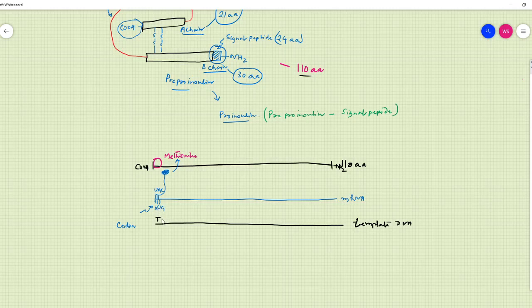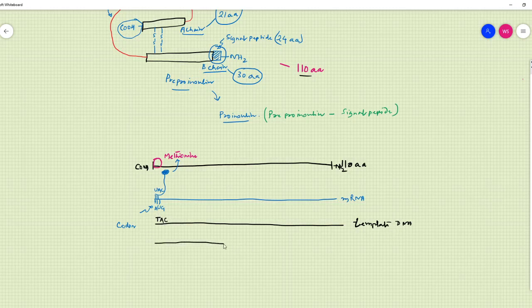Right. So it would be T. If it is T, then it would be A. Okay, and guanine, cytosine. Okay, so that would be the sequence on the template DNA.